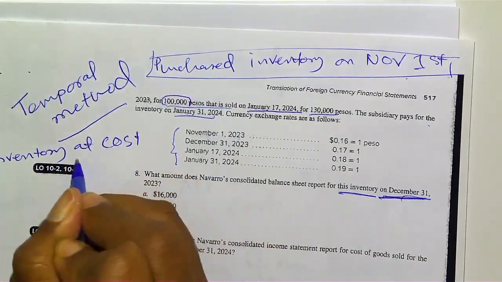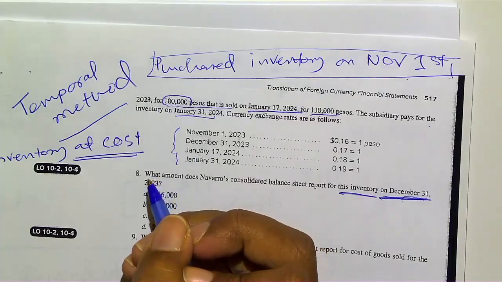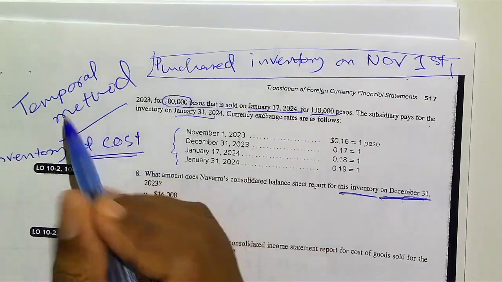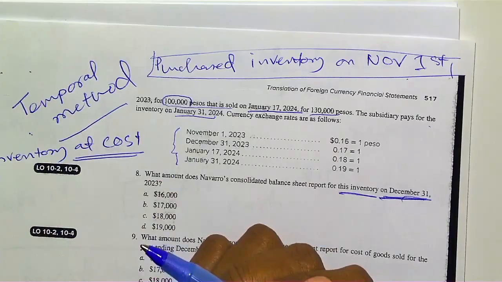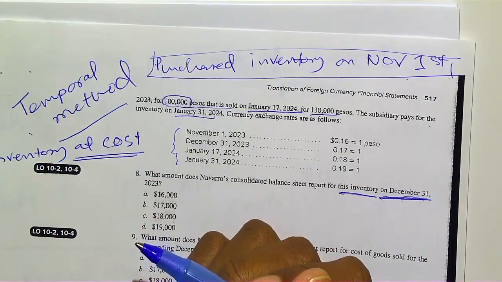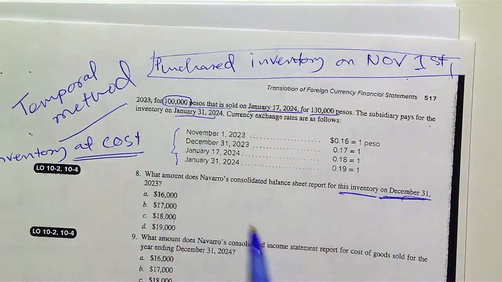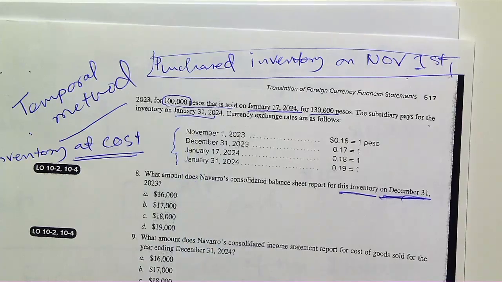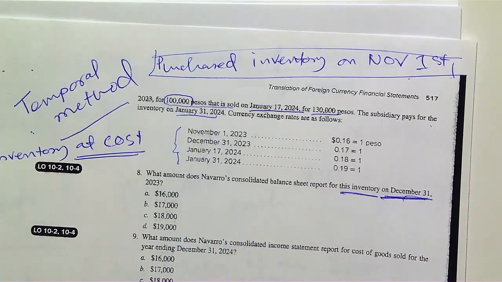So if inventory is at cost, Eglis, what rate do we use for the temporal method? Historical. Now you have several dates. So what day do we mean for the historical date for the inventory? November 1st. Is it clear, everyone? Eddie, when did you buy the inventory?